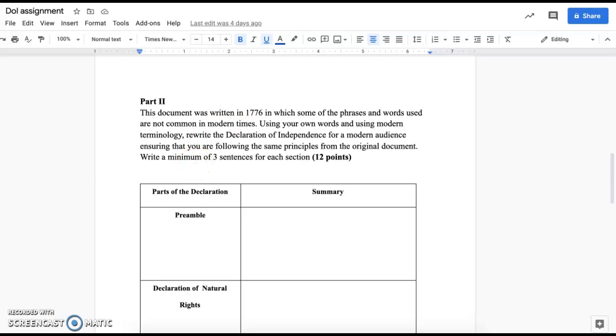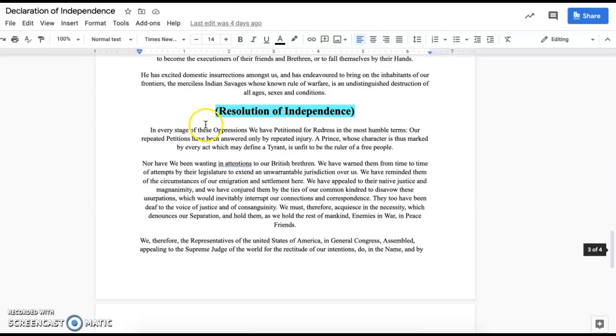Because if you look at the Declaration from the written standpoint, you'll see that a lot of terms are not somewhat used in common words today. So, for example, the words nor, we have been wanting, and attentions of our British brethren. Like, how would you change that?